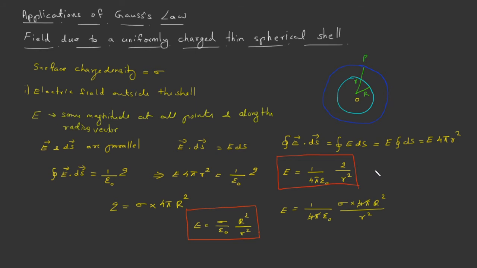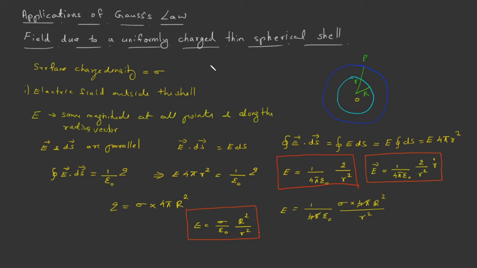This equation can be represented vectorially as vector E is equal to 1 by 4 pi epsilon 0 Q by r square into r cap, where r cap is the radius vector.